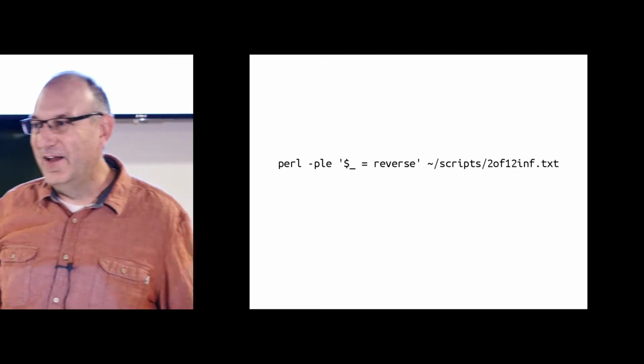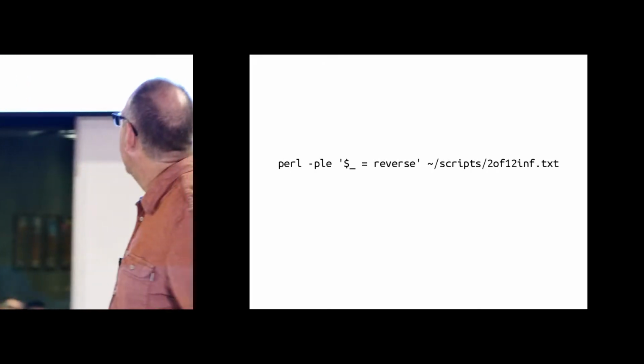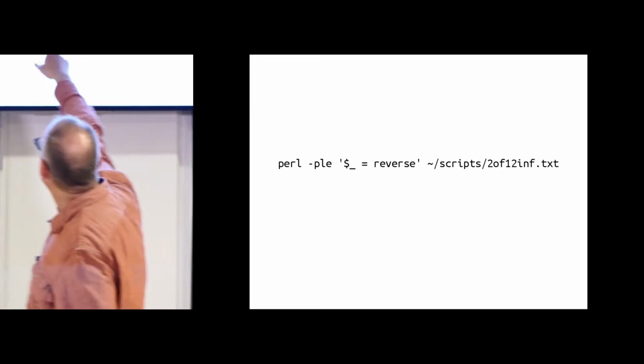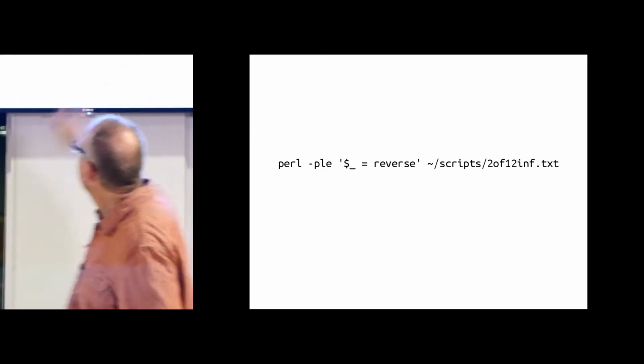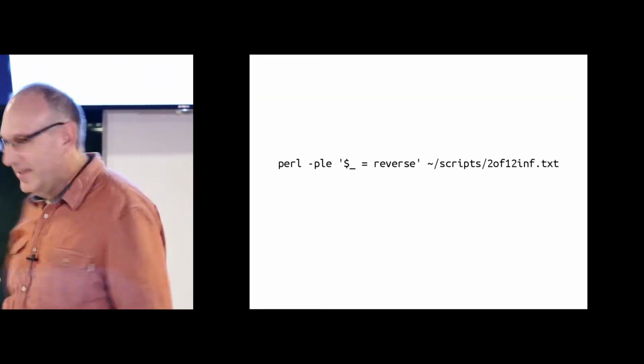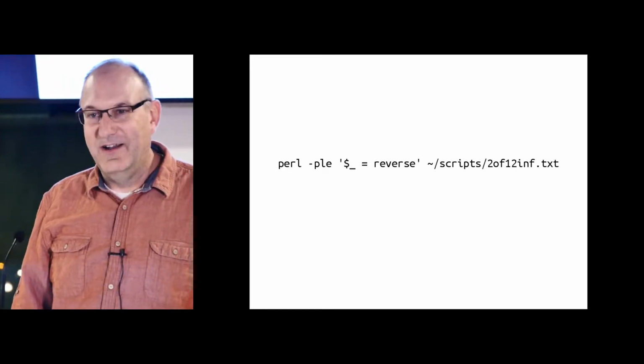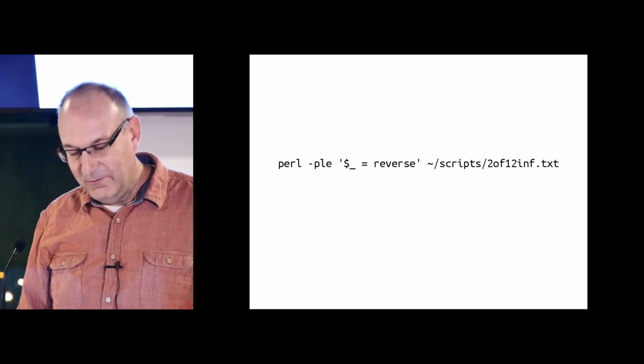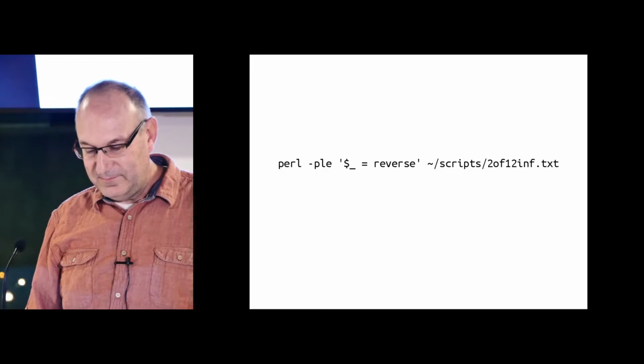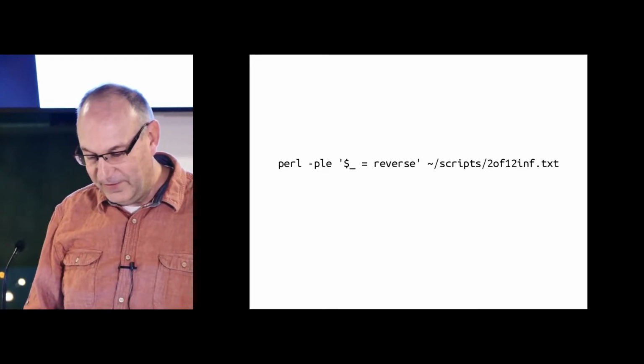It is a container for an individual line of input. And so now we're going to say $_ = reverse, and it's going to reverse each word in my dictionary called 2of12inf.